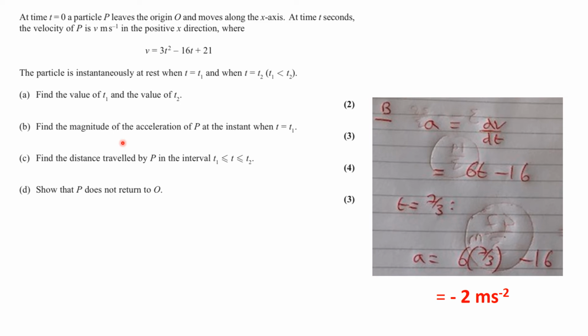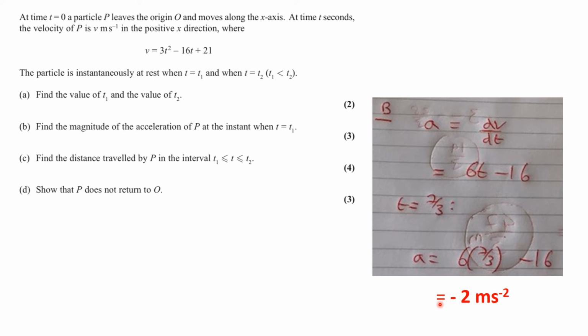So it shows you have to be very careful to read every single word in an exam question. The magnitude means the size. So we're not concerned that the minus is there. The minus just tells me that the acceleration is in the opposite direction, causing me to decelerate. If the acceleration acts in the opposite direction to which I'm moving, then effectively there's a deceleration.